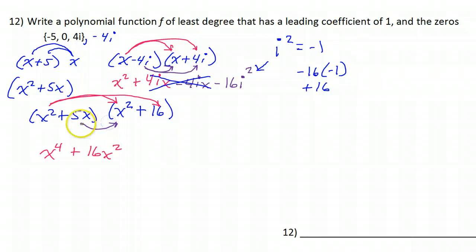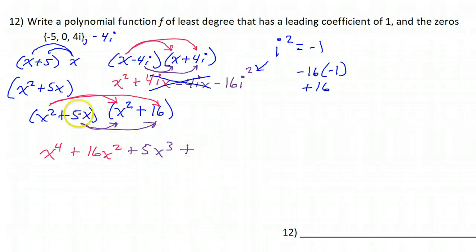Now I'm going to do this times everything. 5x times x squared is going to give me 5x to the 3rd power. 5x times 16, 5 times 16, what's that?